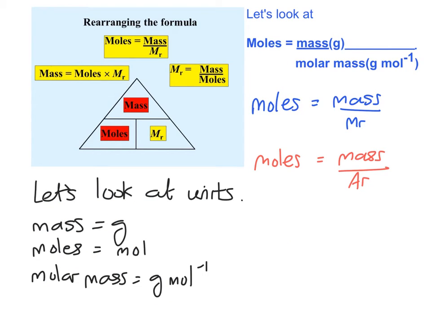So let's look at the units for a minute or two. The unit of mass is grams, the unit for moles is mol, and the unit for molar mass is grams per mole to the -1. Where did the -1 come from? The molar mass is mass over moles, which equals grams divided by moles.